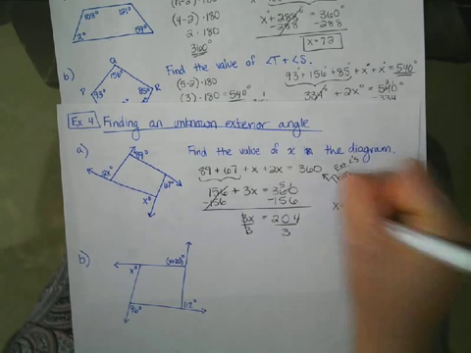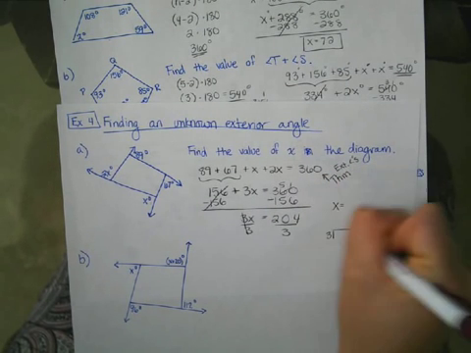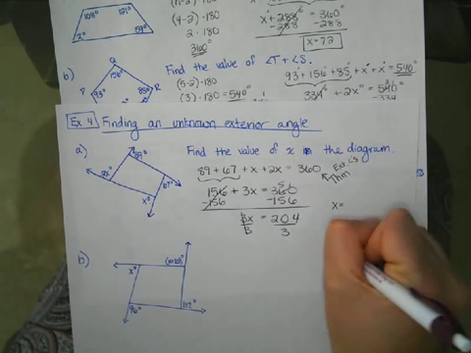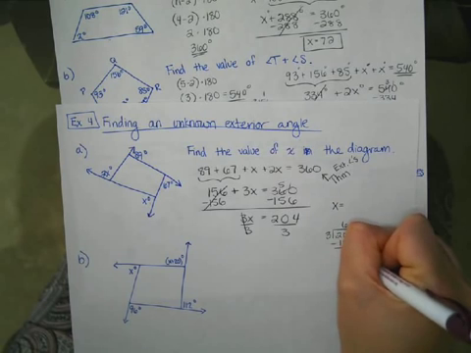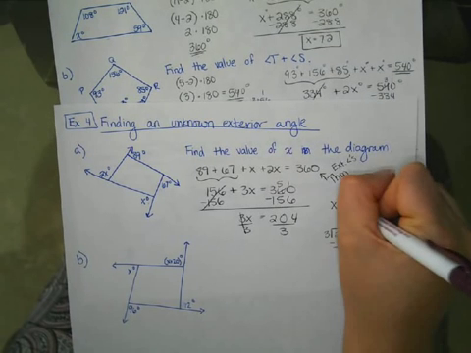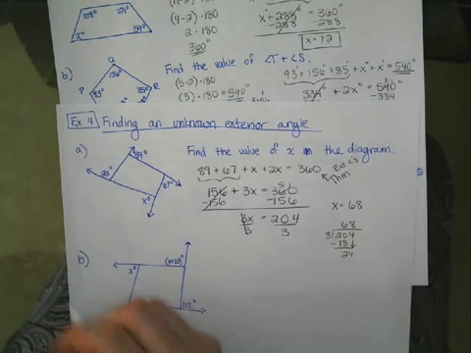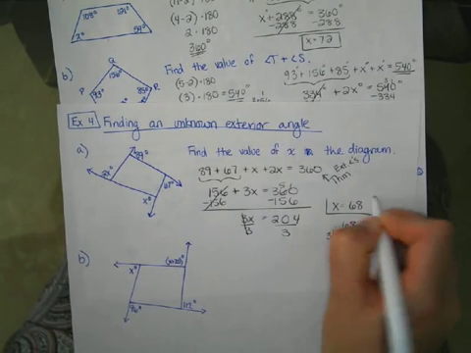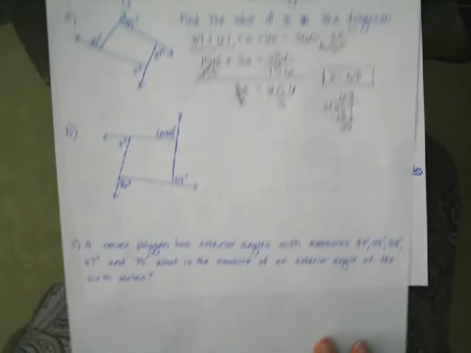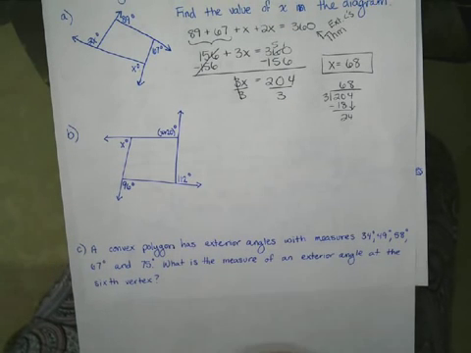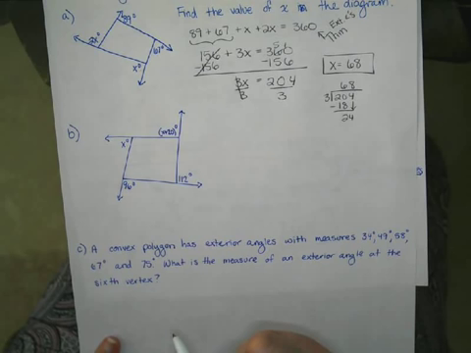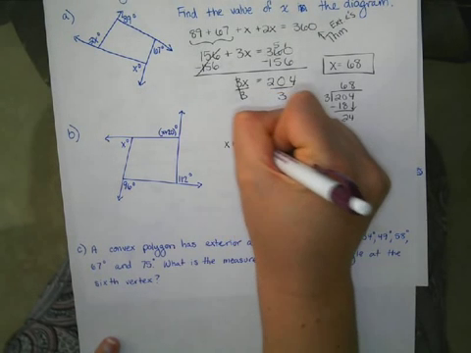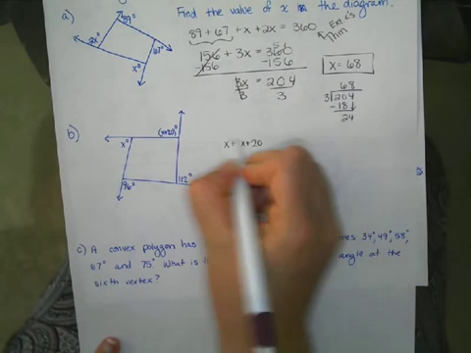I want you to try this one on your own. See what you get. This is what I got. x plus 20. That's from right here. Plus 112 plus 96 equals 360. I have 2x plus, what's that, 132. 112 plus 96 plus 20. 228.